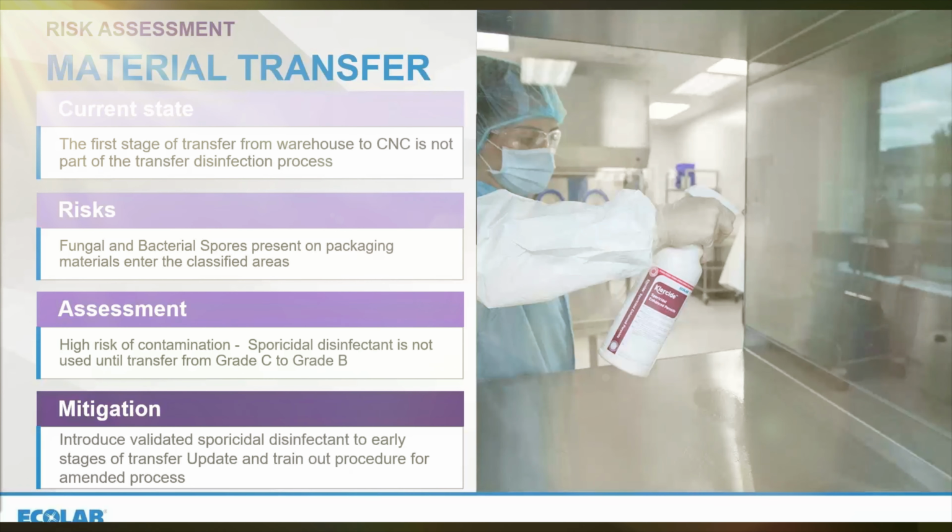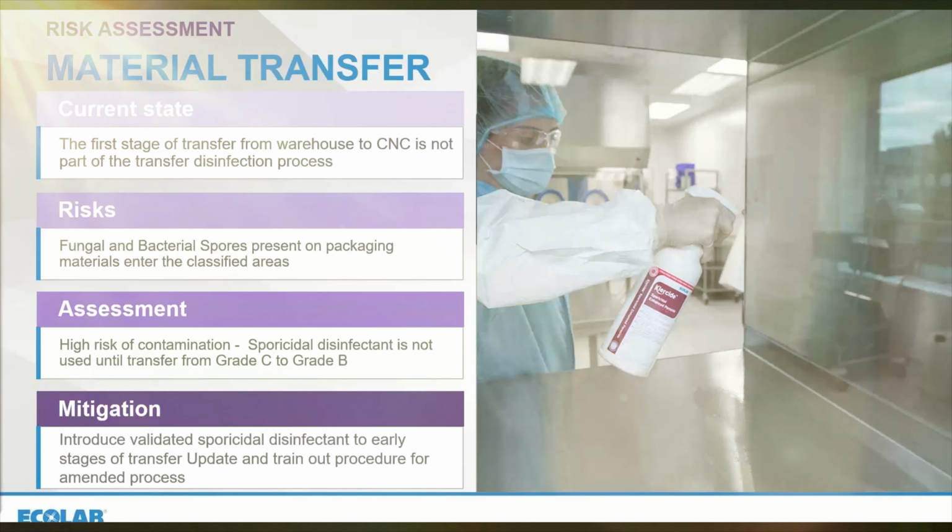So from our findings, what we observed in the current state of the facility was that the first stage of the transfer, the stage where you're going from the unclassified warehouse to the controlled not classified area, was not considered part of the transfer disinfection process. The risk around that is that's where you have more of your packaging materials, more of the potential of the cardboard.